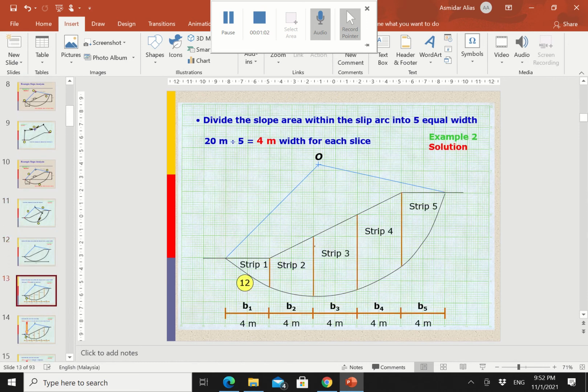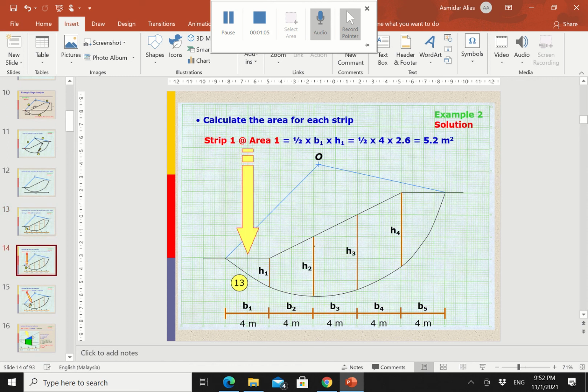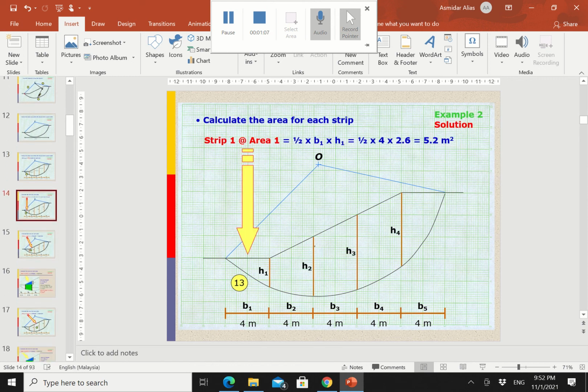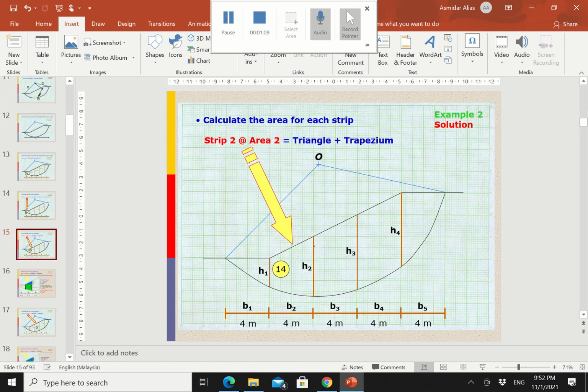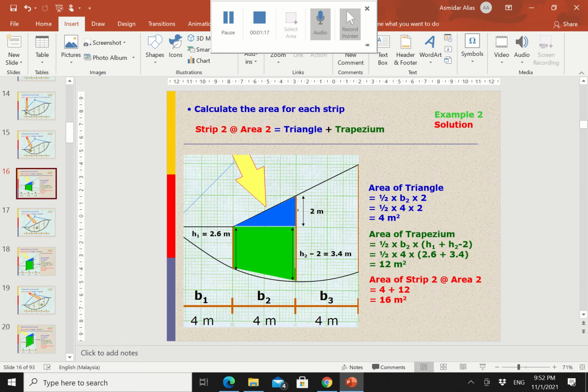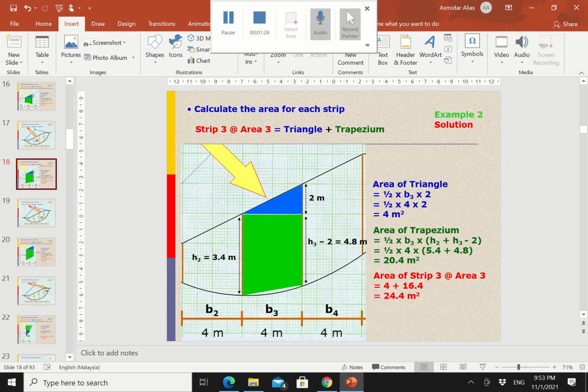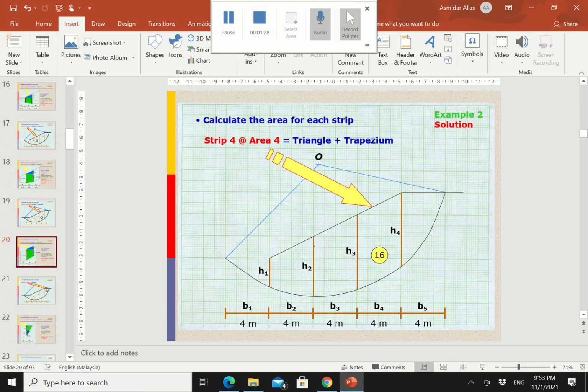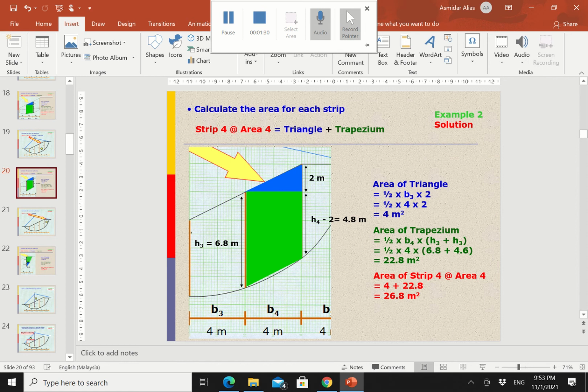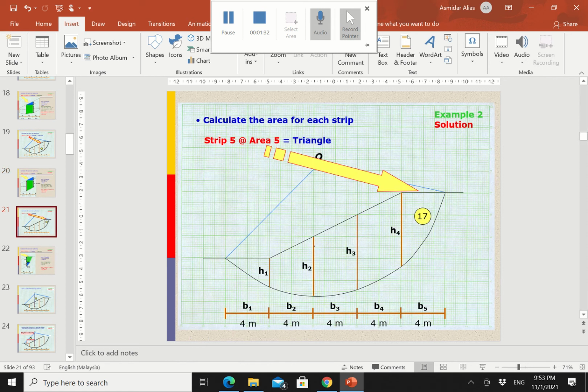Basically, I'm showing you step by step how to draw and how to divide all the slices according to the question given. This slide also offers you a way to calculate the area for each slice, and of course you need to consider every slice because we need to calculate the area for every slice.